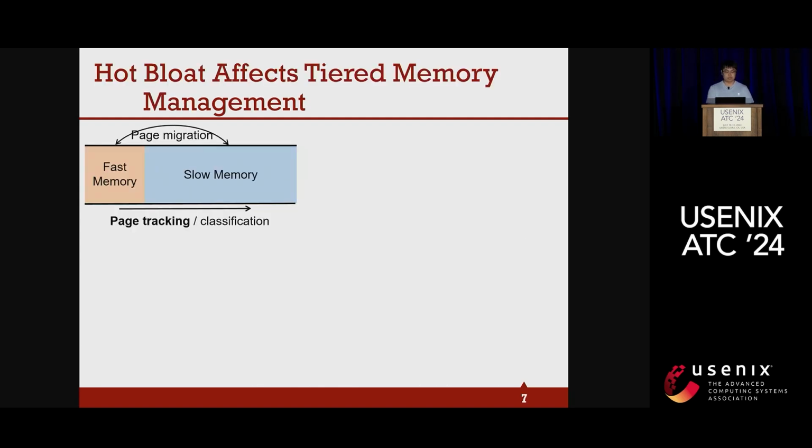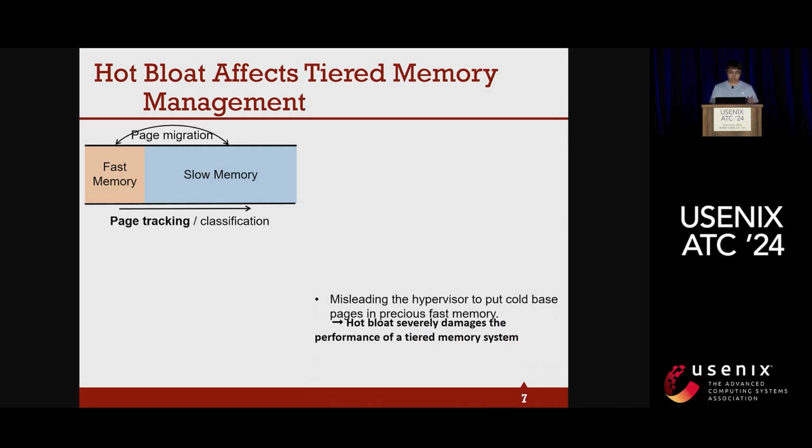Hot bloat affects technologies such as tiered memory management, which aims to scale VM memory using slow memory such as persistent memory, while maintaining the performance. Tiered memory management uses page tracking, page classification, and page migration to put hot pages into the fast memory and cold pages into the slow memory.